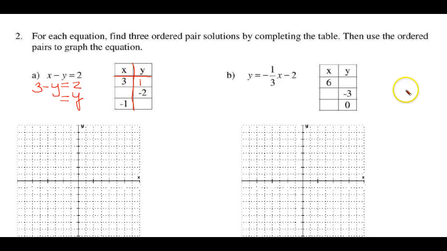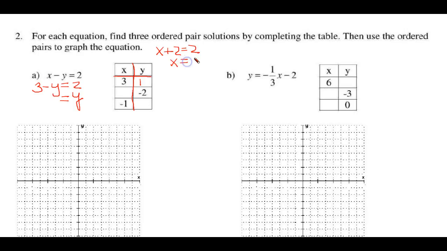Now what I'm going to do is substitute the negative 2 for y. I'll do it up here. x minus a negative 2 makes it a plus 2, equals 2. So again, when we do this, we subtract 2 from both sides.